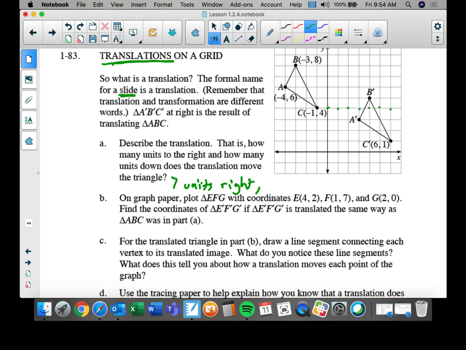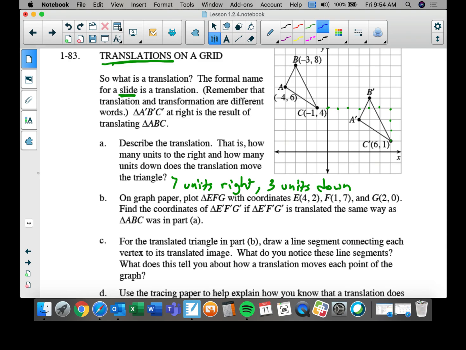And then the other part is it also moved down 1, 2, 3 units down. So that's describing the translation. It's not a rule per se like we've talked about previously where we're talking about the coordinates, but it is the translation. It's just a description of what's going on.